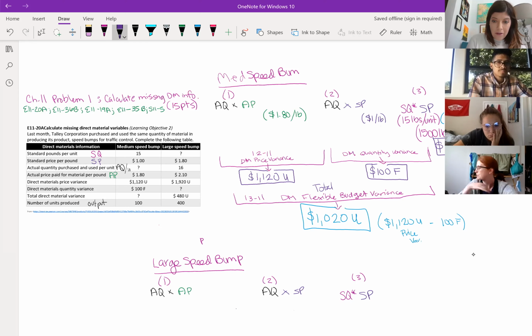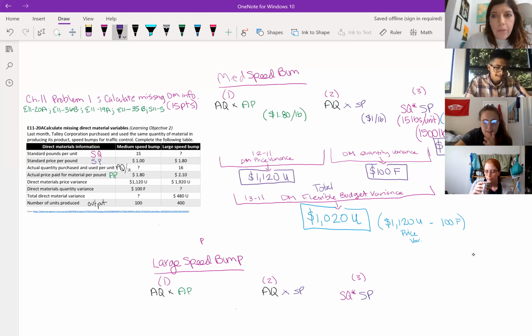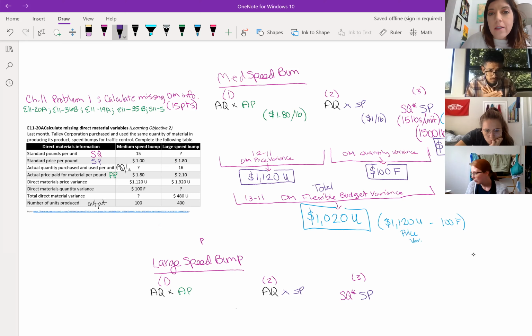Is everybody following? Yes. I'm a little confused on where you got the total, because isn't it supposed to be like 3 minus 1? So you're backing into information in this one. The calculation is 3 minus 1, correct? But we don't have that information available, so we're going to use what we have to calculate it.